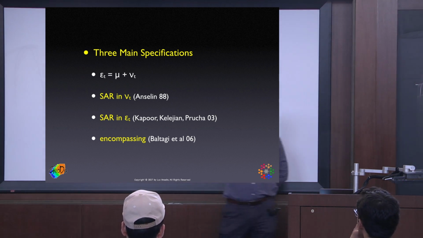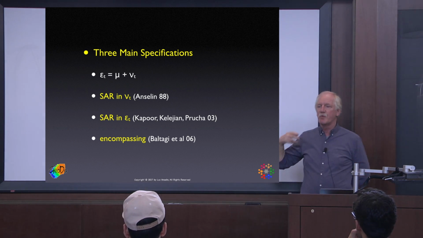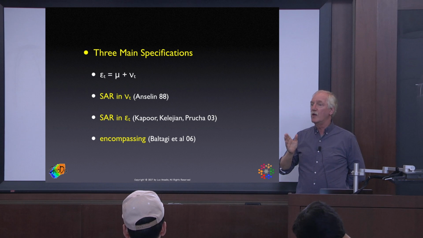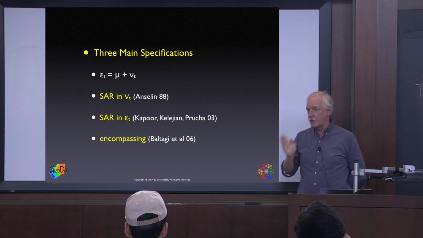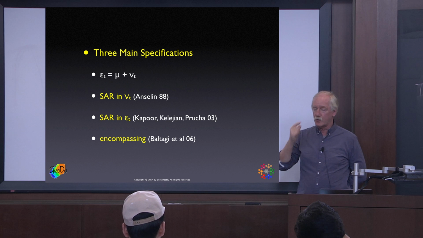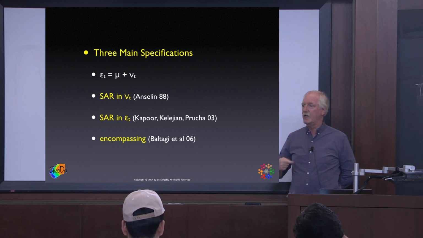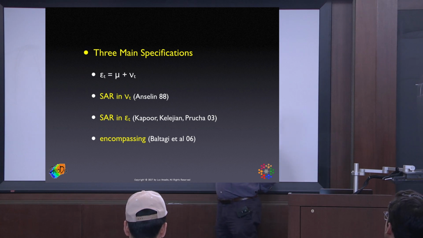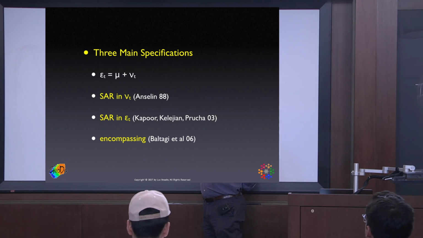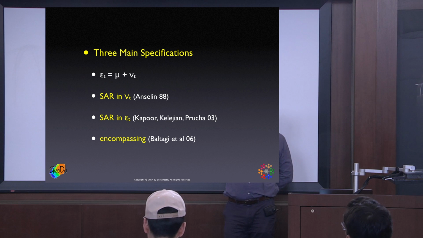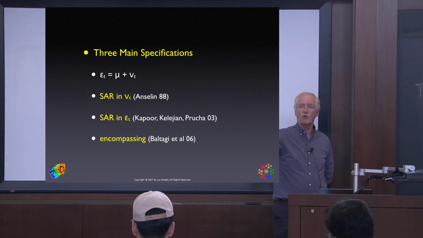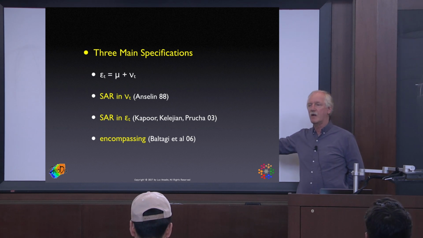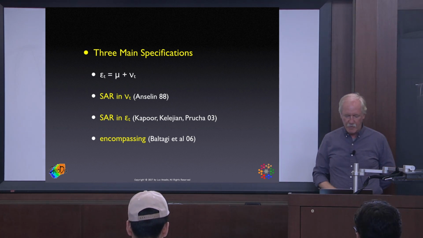So there was spatial autocorrelation both in the time varying effects, but also in the individual heterogeneity. There was autocorrelation in the unobserved individual effects, which the first one doesn't have, right? In the first one, the individual effects are whatever they are, they're not correlated, and whatever correlation there might be is relegated to the remaining term.